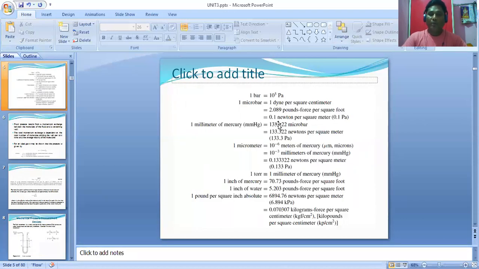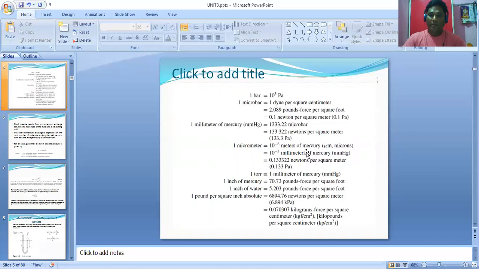Then 1 millimeter of mercury is equal to 1333.22 microbar. It is equal to 133.3 Pascal. Then 1 micron, or micrometer, is equal to 10 power minus 6 meter of mercury.